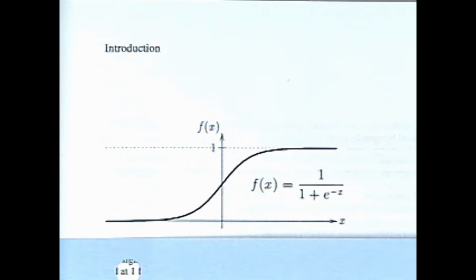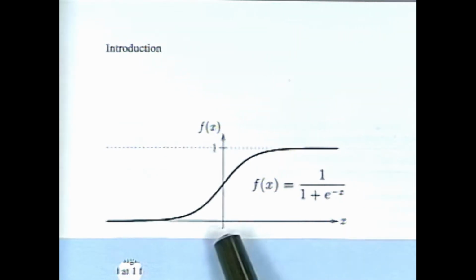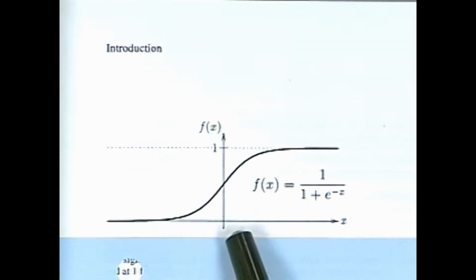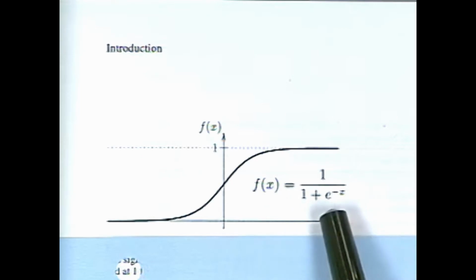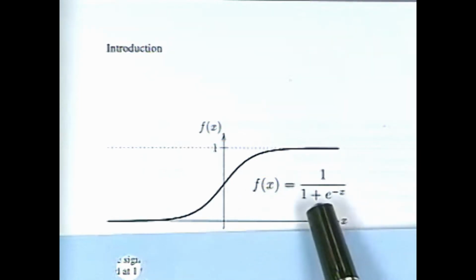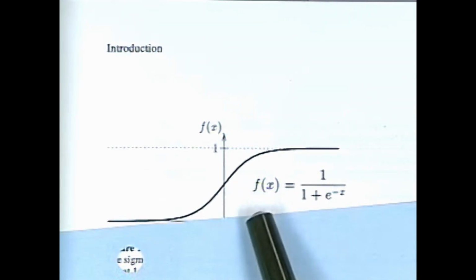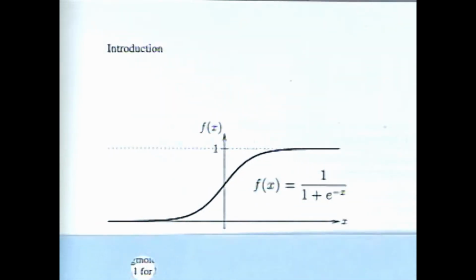And just about any function that goes monotonically from 0 to 1 can be used as a squashing function, depending on the manner that the training of the neural network is done. This is commonly used because it has very nice derivative properties, and that's about the only reason. Its derivative is equal to the function times 1 minus the function. So it has a very nice derivative property.